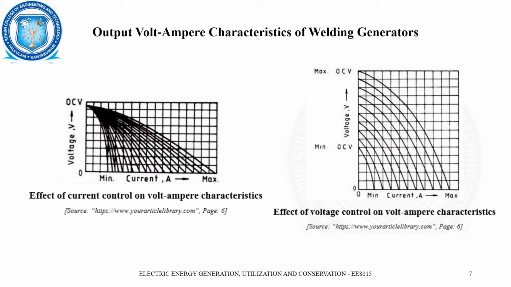This is the volt ampere characteristic in the case of the opposition series generator, as well as in the case of the split pole type. In all these cases, the volt ampere characteristic is a drooping characteristic.